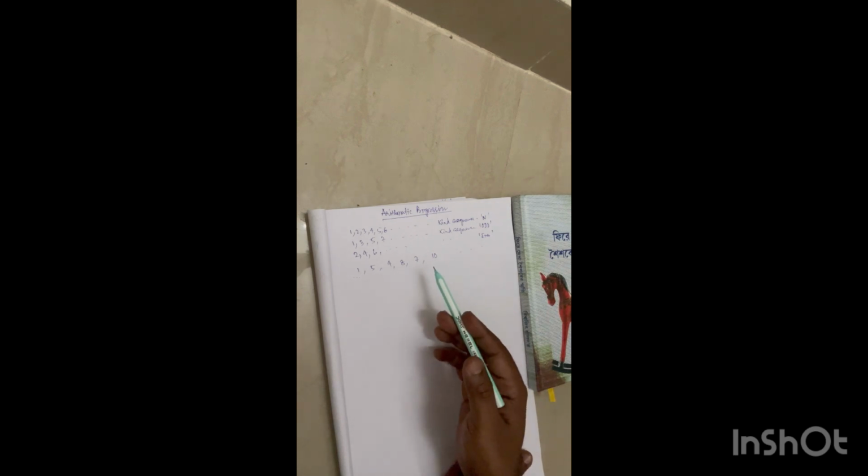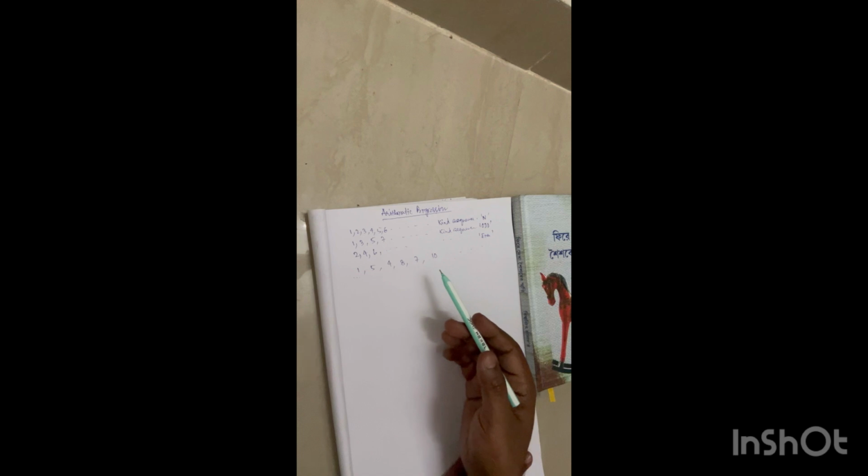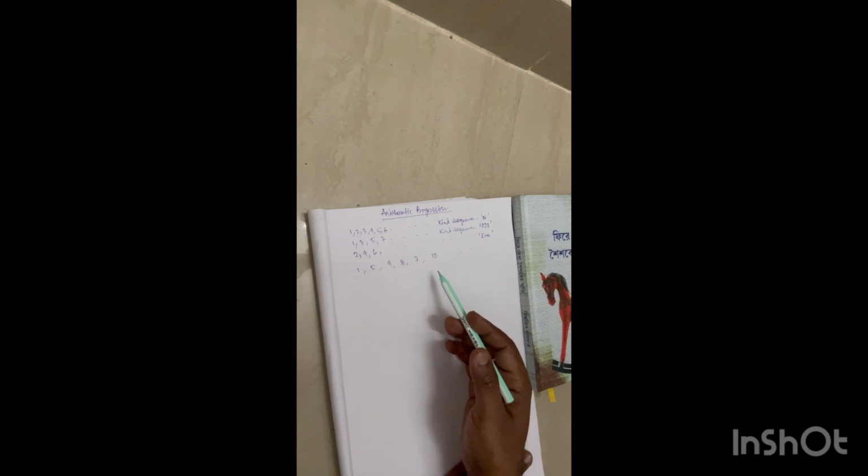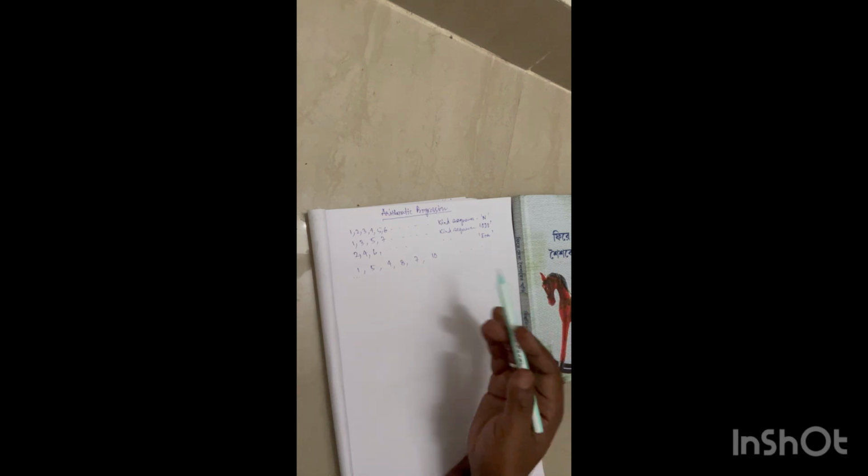Or sometimes there may be some logic, but not the normal way of understanding a sequence. So there could be any kind of sequence we can come across.